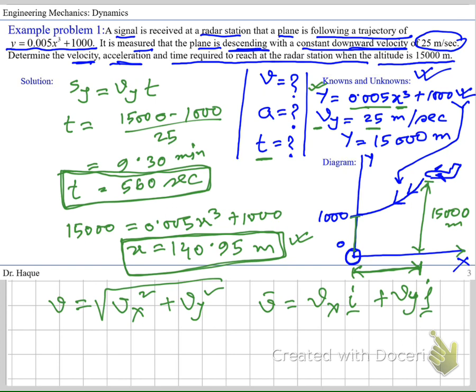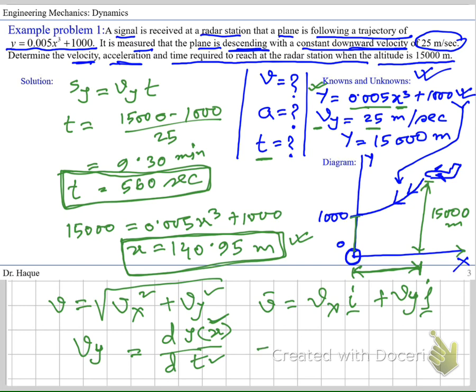So we know velocity in the y direction could be written as the derivative of y, the distance in the y direction, which is a function of x, with respect to t. So if we take the derivative of y with respect to time, we can get the vy component. Now we see that y is a function of x, but we are taking the derivative with respect to t.